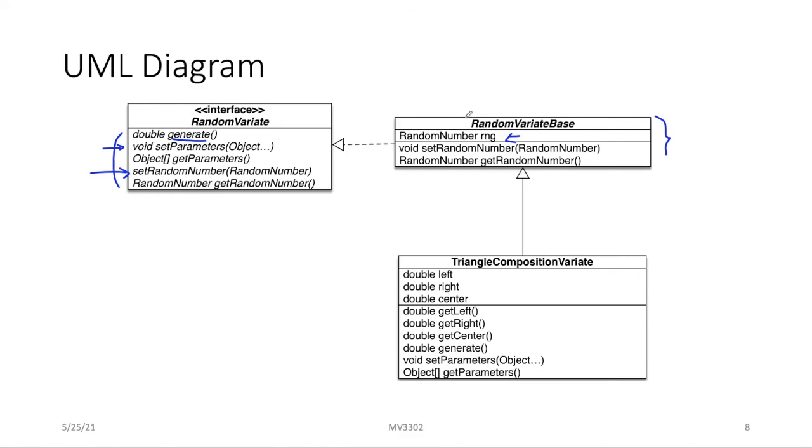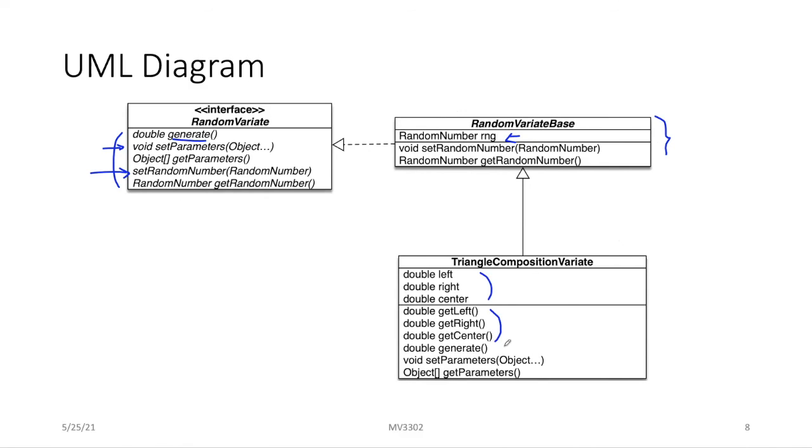That's just because every time you do this, you would otherwise have to write these, but by simply subclassing random variate base, we don't have to keep writing the same things. But every distribution is going to have a different number of parameters. So here are the 3 parameters that we had. They just had getters and setters.